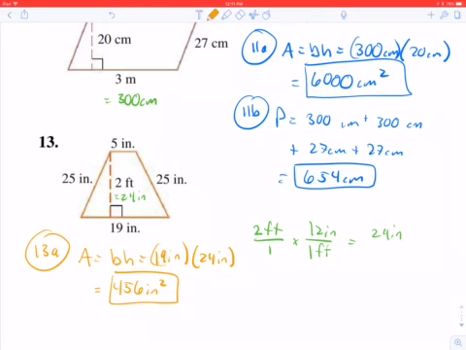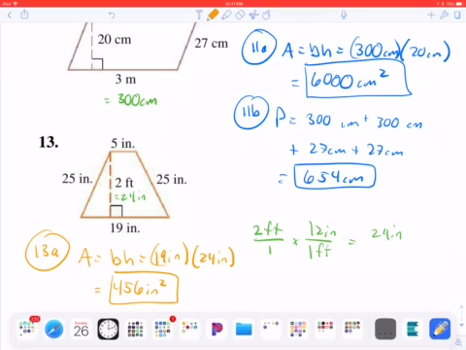I got 456. Area. Did it do it properly? Let me check one more time. Let me check another source.